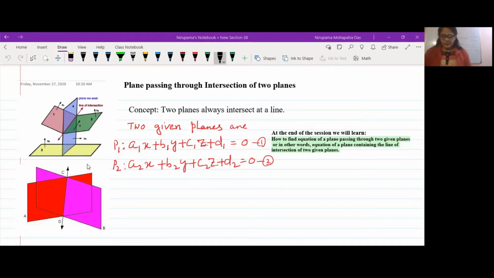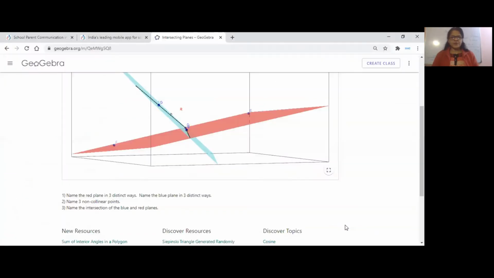Now before you believe whatever I say, I can show you one more thing. As in this 3D geometry we have been using the GeoGebra applet, here also I would like to show you that. So this is one of the GeoGebra applets.